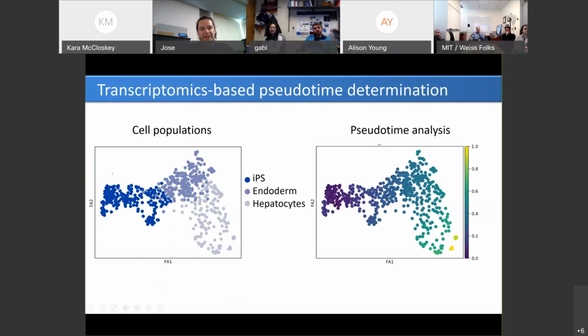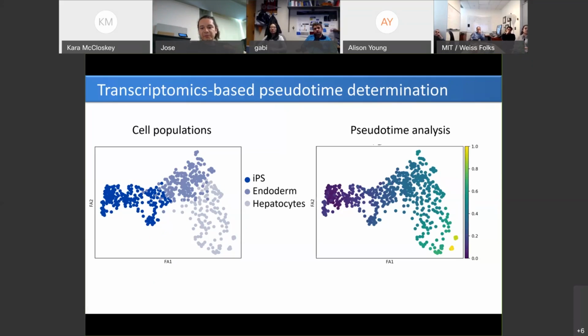If I tell a particular algorithm that this set of cells is the starting point, and we know these are the iPS cells, we can sort the cells based on their relative differences in transcription patterns in pseudotime. It just goes from 0 to 1, representing the beginning and end of the experiment. We can see that the cells are sorted, and the pseudotime corresponds to the real time based on the timestamps.